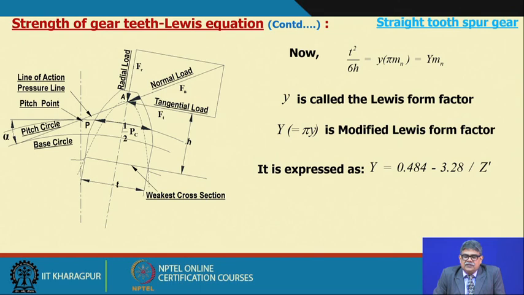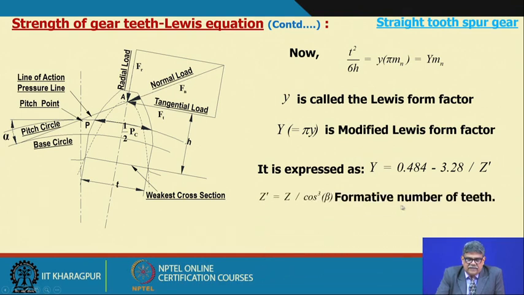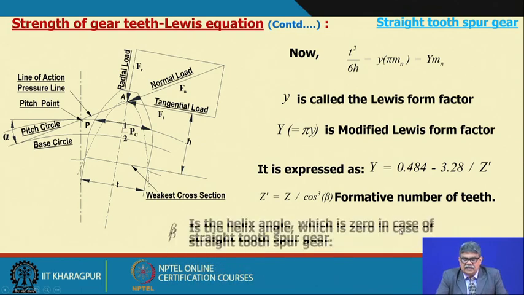If the teeth number is more, this form factor will be more; if the teeth number is less, this form factor will be less. However, this can be expressed by this formula, where z dash is given by z into cos cube beta, where z is the number of teeth of the gear, z dash is called the formative number of teeth, and beta is the helix angle of the gear.